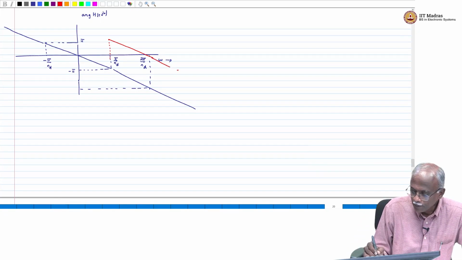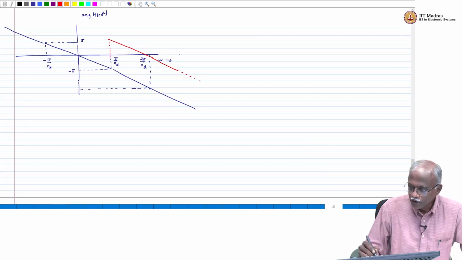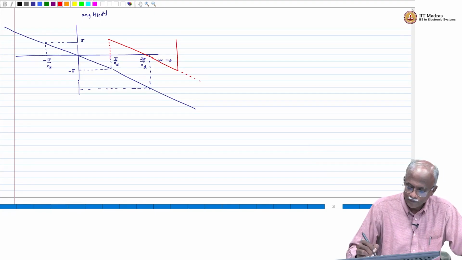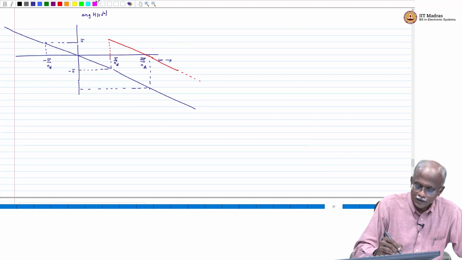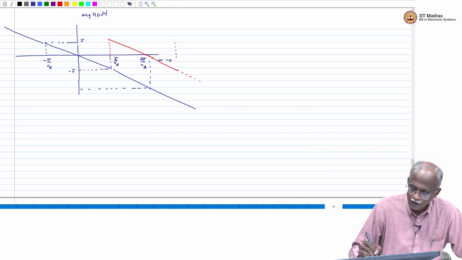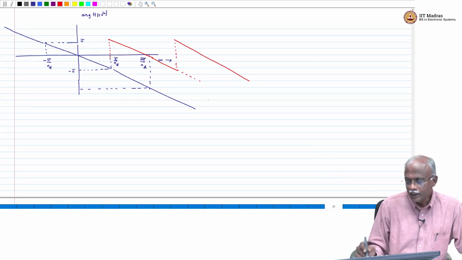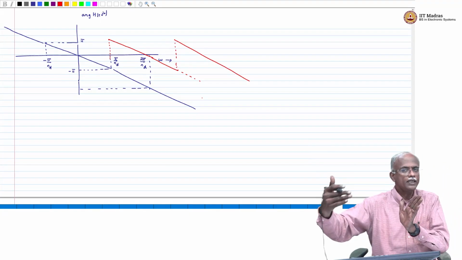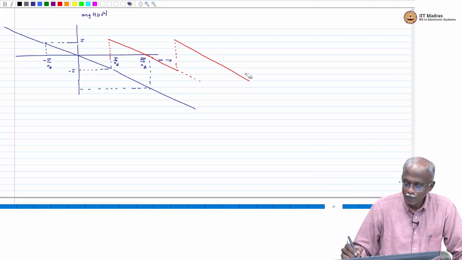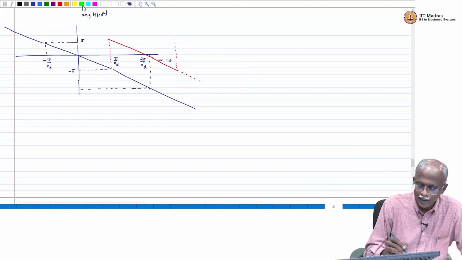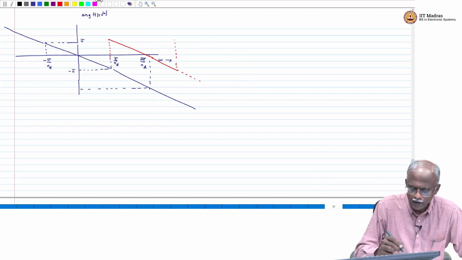So let me draw it up to pi, and then after that dot dot dot, and here it will jump again. Jump to... so the difference between the true phase and the principal value. I hope you are able to see that and appreciate the difference.